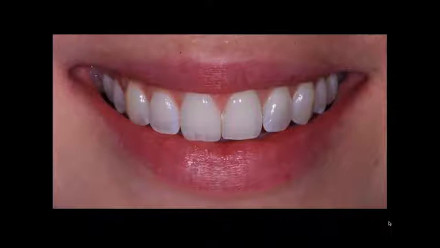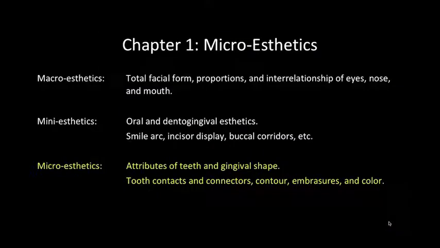And then finally, we'll get to microaesthetics. And here we're focusing on the specific attributes of the teeth and the gingival shape. So we're looking at tooth form, tooth contour, looking at the color. We're looking at the contacts between the teeth or the connectors, and then the embrasure spaces. So the incisal embrasures, but also just making sure that we don't have open gingival embrasures, which patients often refer to as black triangles.